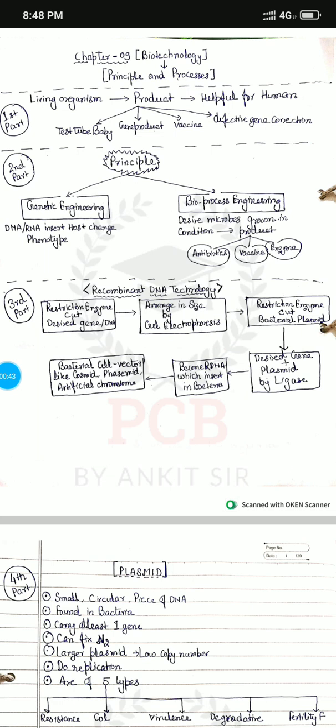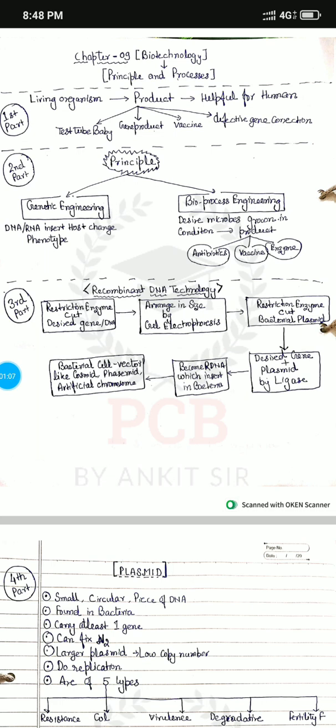In this chapter, the first part is what is biotechnology. Actually, it is a type of study where a living organism produces a product, and the product is formed by a living organism to be helpful for human beings.